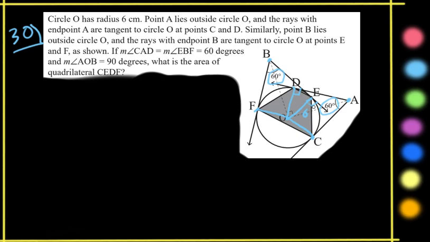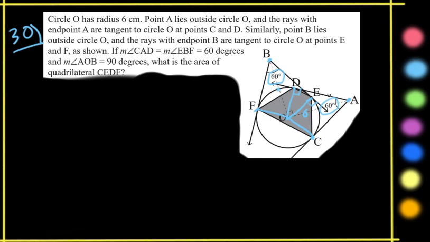And so what you can do is imagine what would happen if I rotated A. I kept A at the same distance from O, but I rotated it until the tangent point D was actually here. How much would I have to rotate it to get that tangent point to go there?